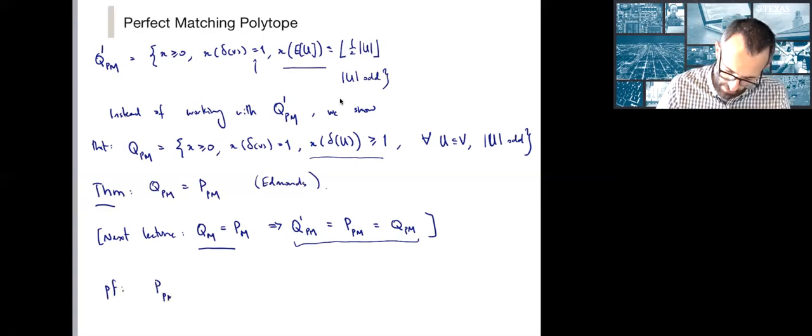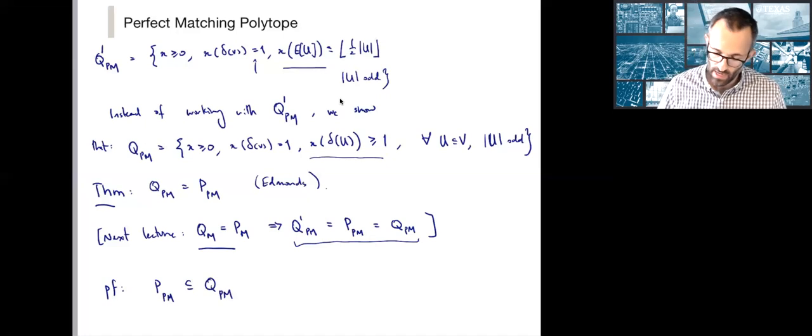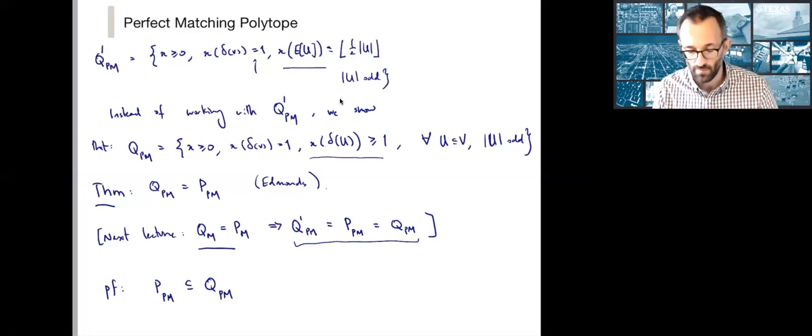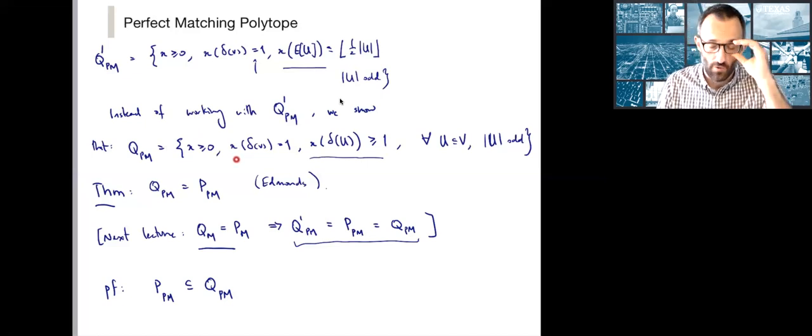the fact that the perfect matching polytope is a subset of Q is basically immediate. So why is that true? Certainly the perfect matching polytope satisfies non-negativity. I'm taking any chi of M where M is a perfect matching, and observing that it's non-negative, and it satisfies this property because every node is indeed covered by the matching.